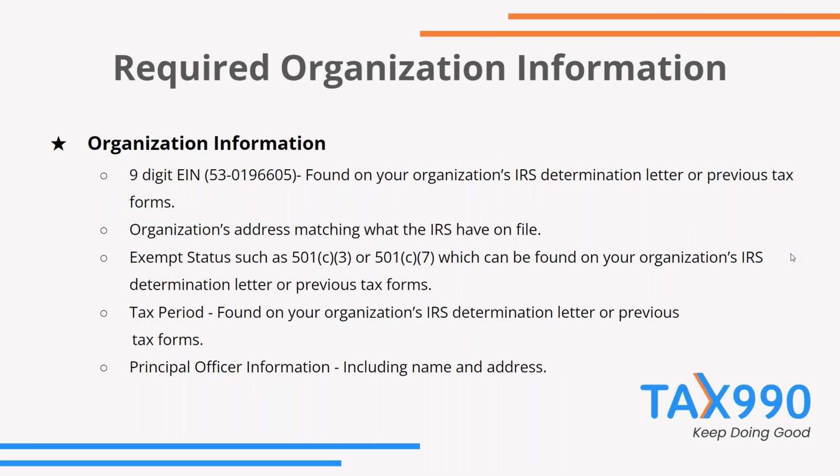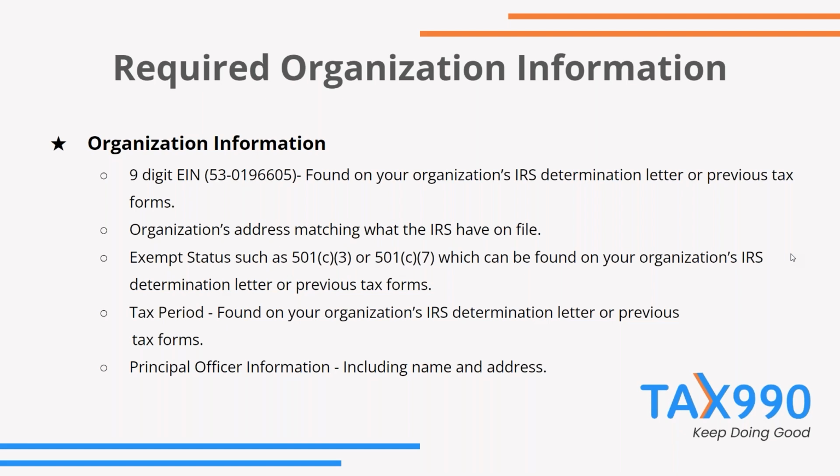There are several important pieces of information you'll need prior to filing. You'll want to confirm your organization's 9-digit EIN, the organization's address, the tax-exempt status, such as 501c3, the tax year beginning and ending date, and the principal officer information, such as their name, phone number, and address.